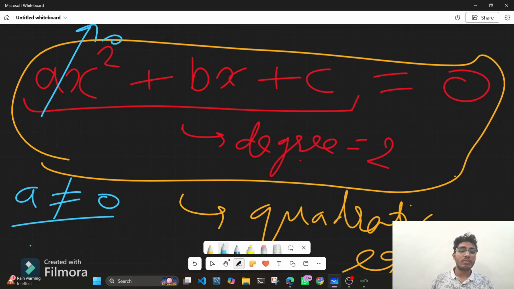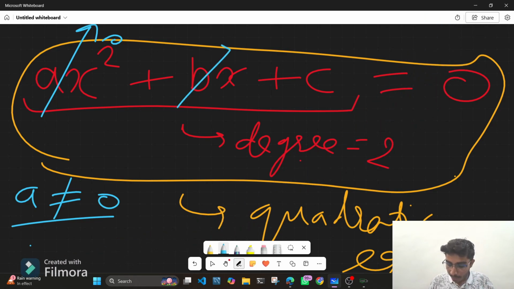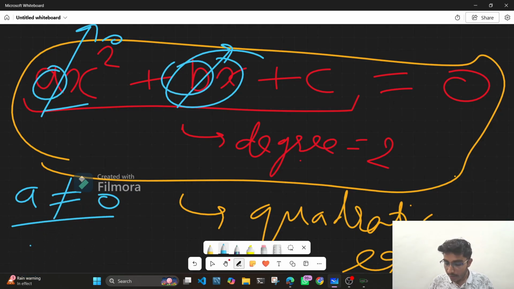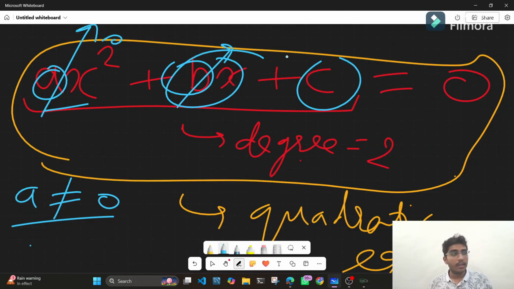And if we equate it with 0, we do not get a quadratic equation. For a quadratic equation to exist, the equation should have degree 2, like we need to have x square somewhere. It may happen that we don't have the term bx, but that is okay. We need to have the term ax square, and a, b, c need to be real numbers. I hope this is clear.